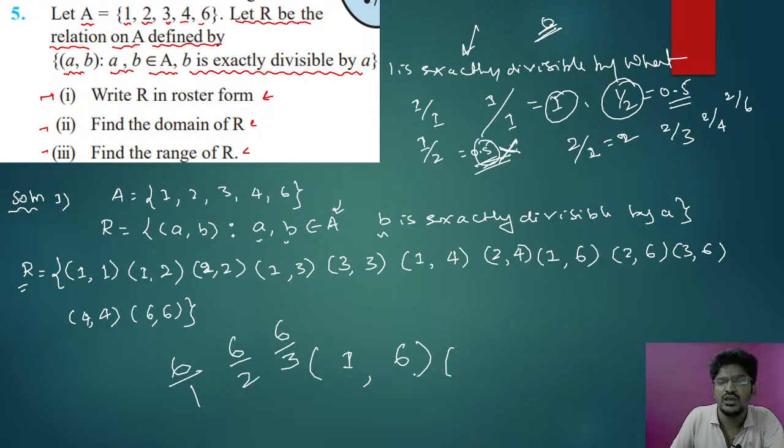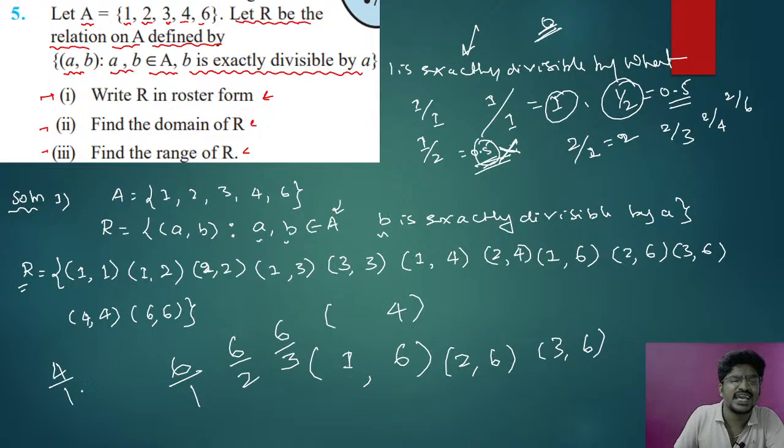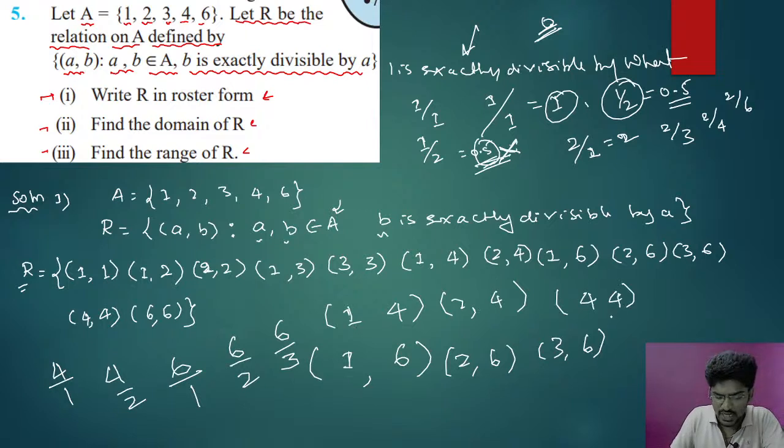So that's why (1, 6), (2, 6), (3, 6). On the same way, you take 4. 4 is exactly divisible by 1, by 2, and by 4. Okay. So this is your answer.